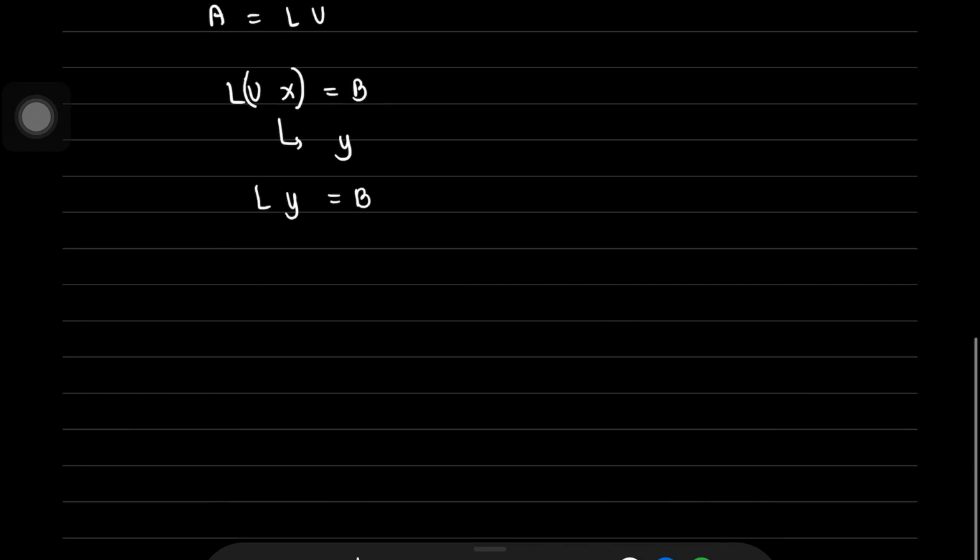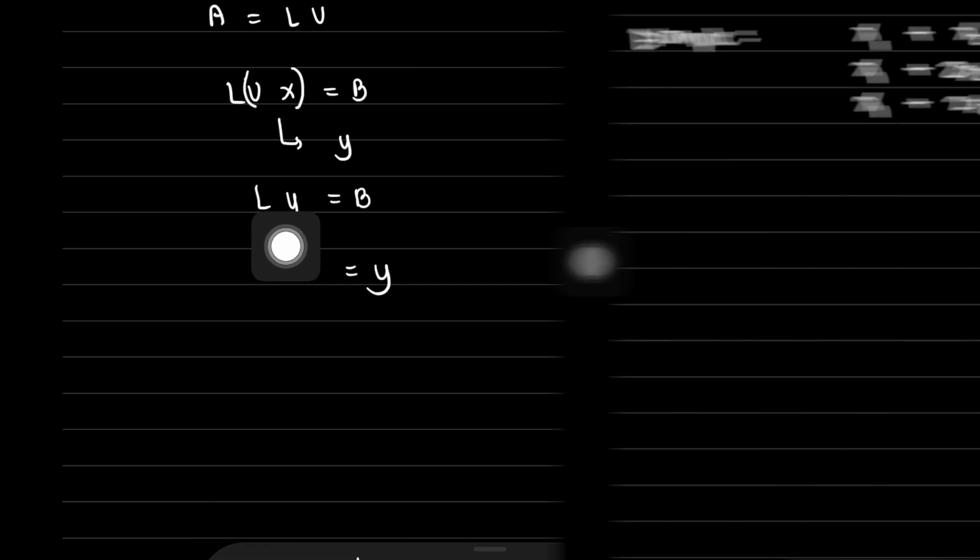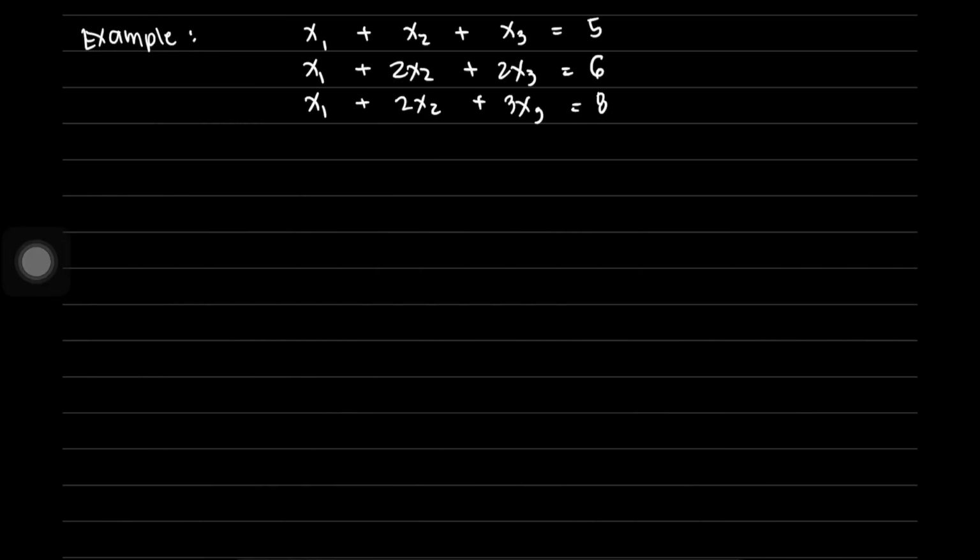So here, the unknown vector would now be y. And since U multiplied by x is equal to y, we can determine the value of x after we determine the vector y.